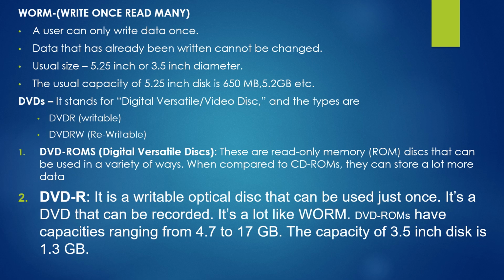When compared to CD-ROM, they store a lot more data. DVD-R is a writable optical disc that can be used just once. It's a DVD that can be recorded, a lot like WORM. DVD-ROMs have capacities ranging from 4.7 to 17 GB. The capacity of a 3.5-inch disk is 1.3 GB.